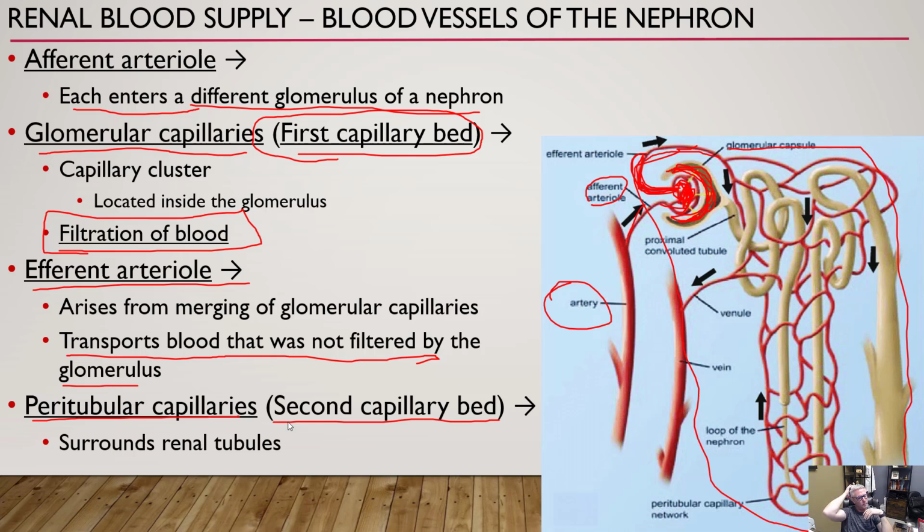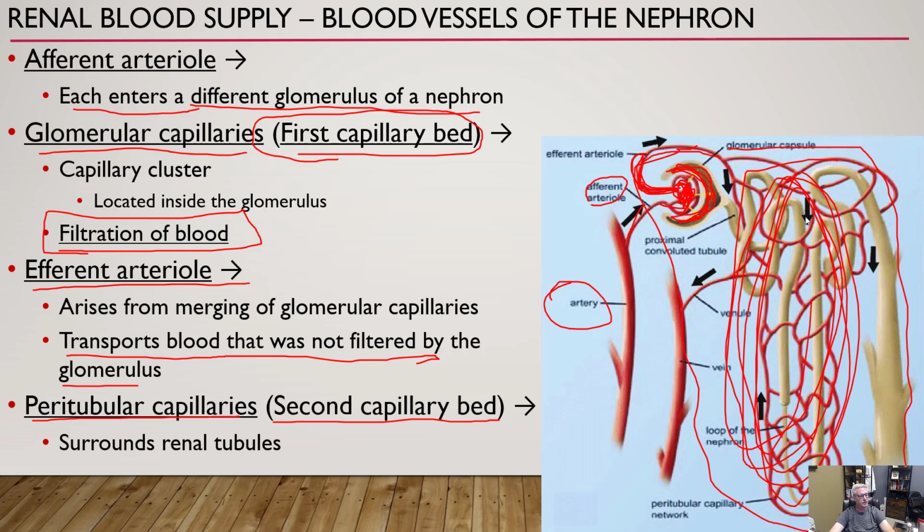But we have the urine filtration in the glomerulus itself, and then in subsequent portions of the nephron, we're going to have this secretion and reabsorption, and that's going to happen with the secondary capillary system or the peritubular capillaries. So in this section right here, this is where filtration and secretion and reabsorption is going to happen.